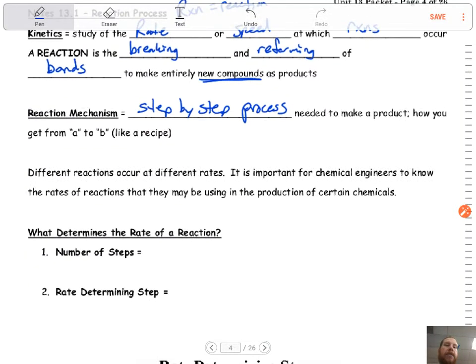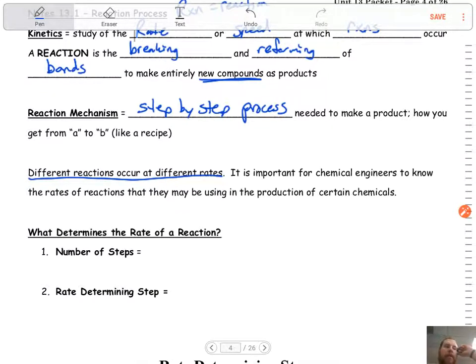So different reactions occur at different rates. That shouldn't be anything super crazy or brand new to us, because things have different sizes, they have different masses. It takes more energy to break some bonds versus other bonds. So it shouldn't be groundbreaking that reactions occur at different rates.